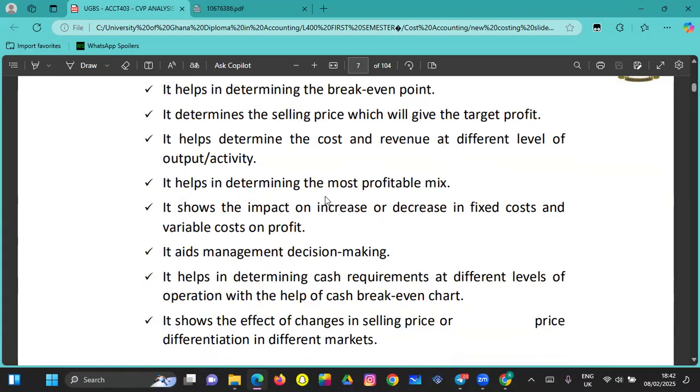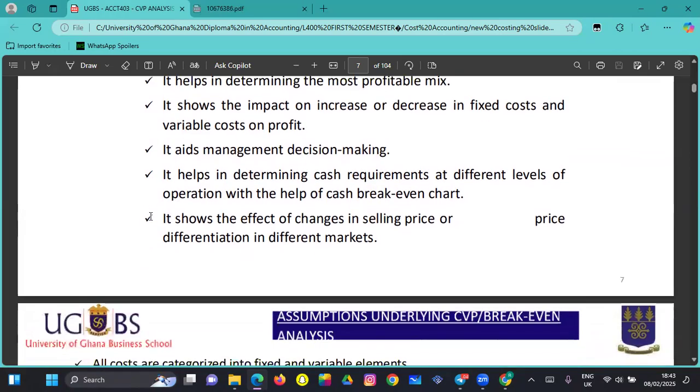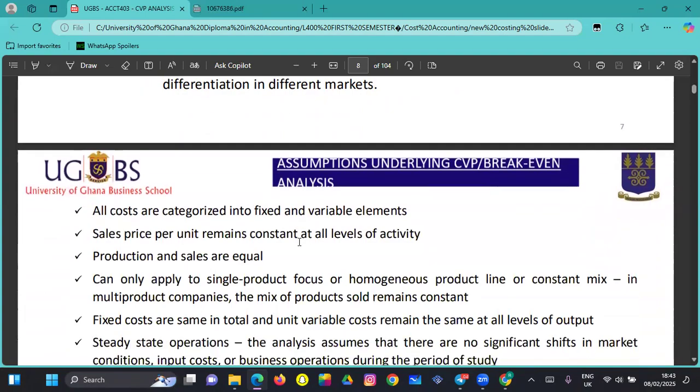So when fixed cost and variable cost decrease or increase, what impact do they have on profits? It aids management decision making. It helps in determining cash requirements at different levels of operation with the help of cash break-even charts, which we'll talk about soon, even though we didn't really go into detail in class. It shows the effect of changes in selling price or price differentiation in different markets.